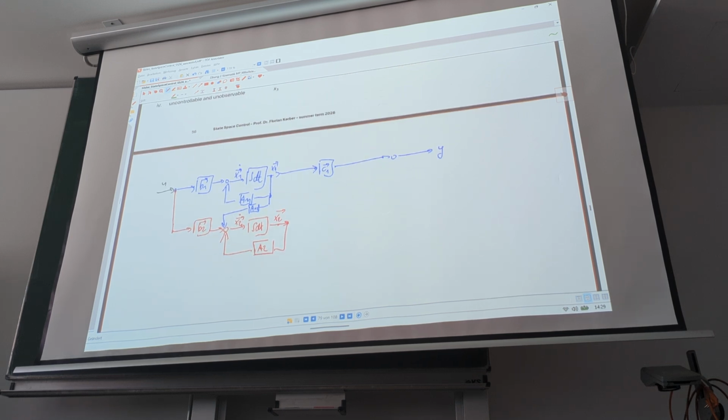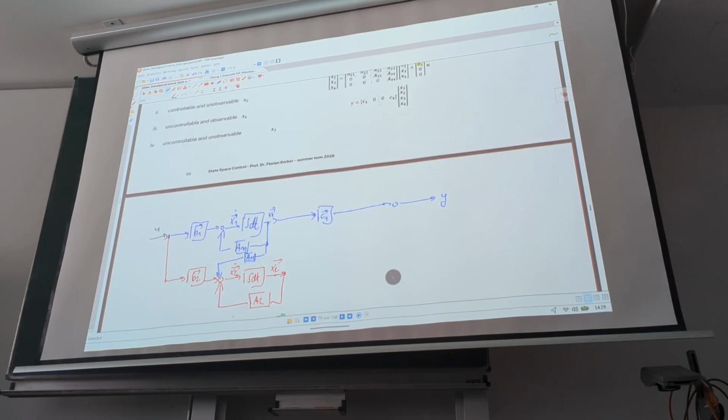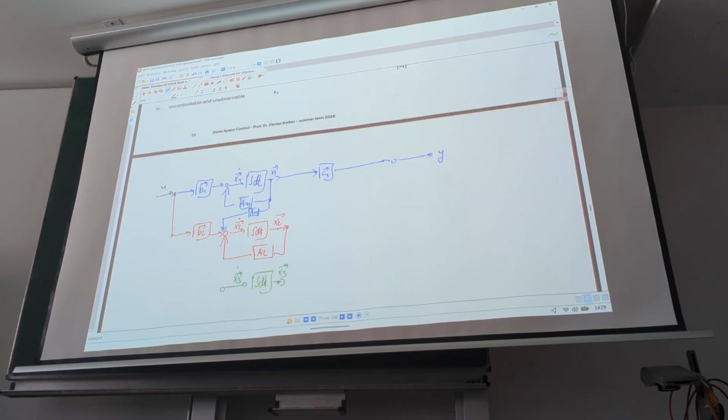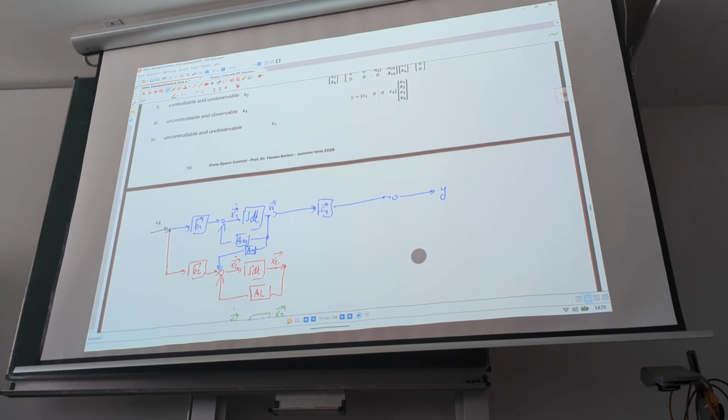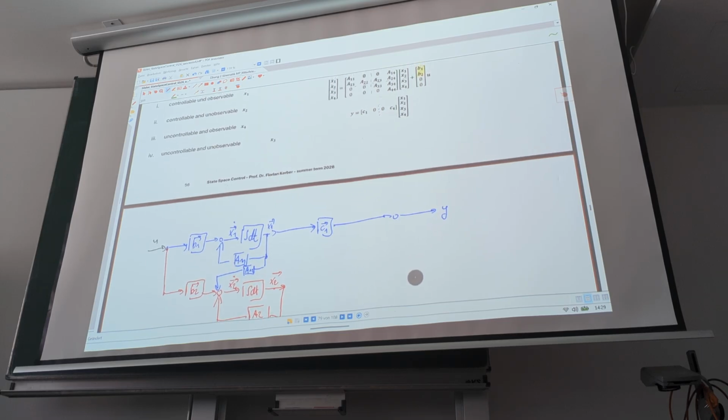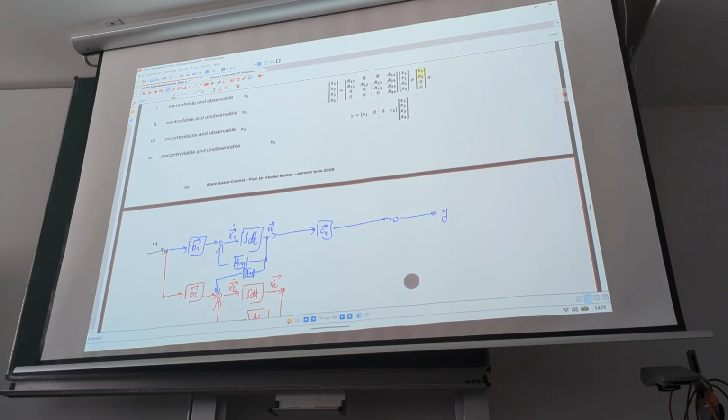Now we have an x3 dot, which after integration becomes x3. We need the A33 for this to be completed. We add the A34 in there, but we do not see this in the output either.